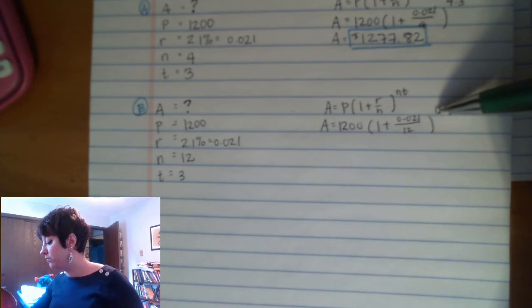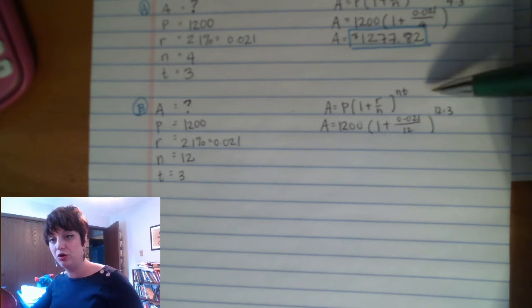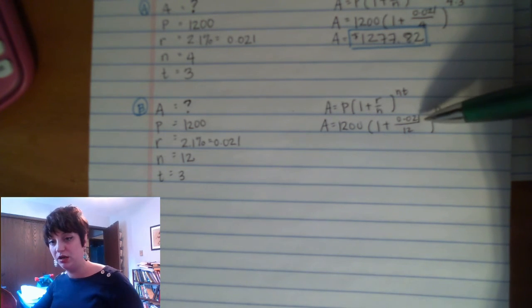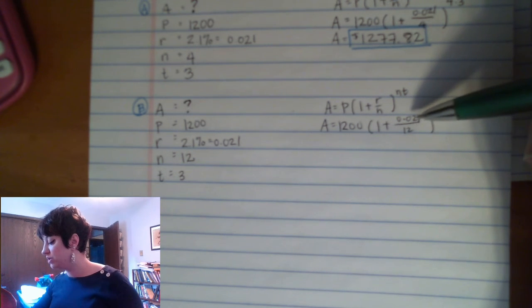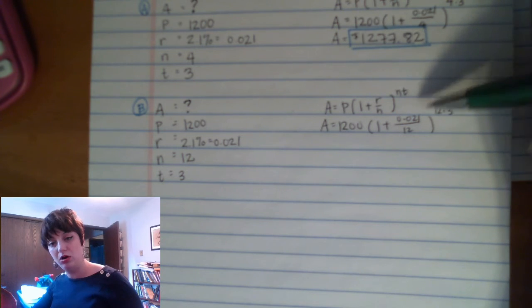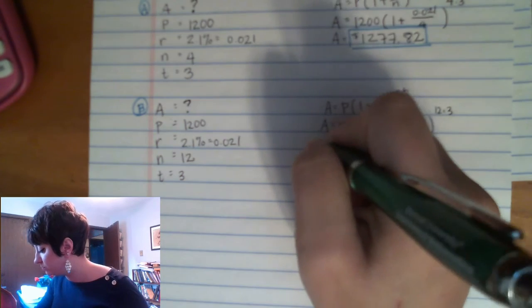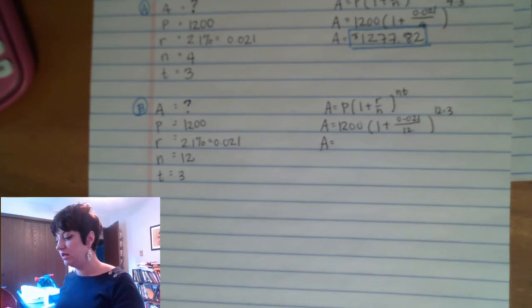So 12 times 3, because each year is going to be worth 12 total units, and that means I have to divide my rate, because it's per year. I'm going to divide the year into 12 subunits. So not only do I have to change my rate, but I have to change how long this account is gaining interest for.